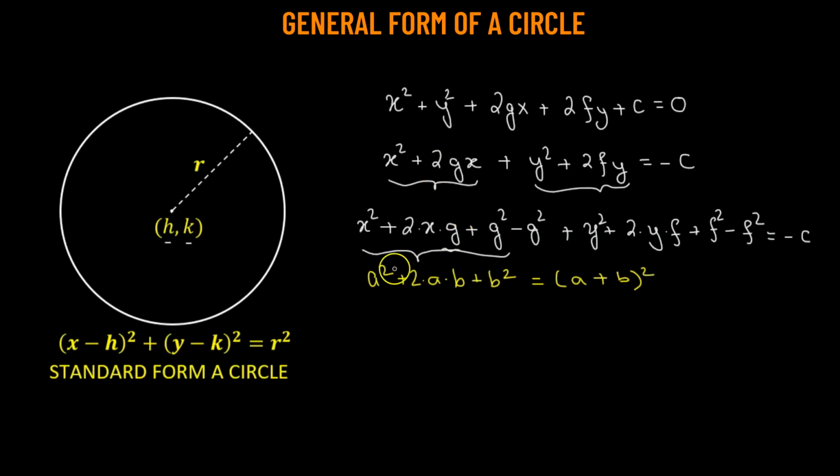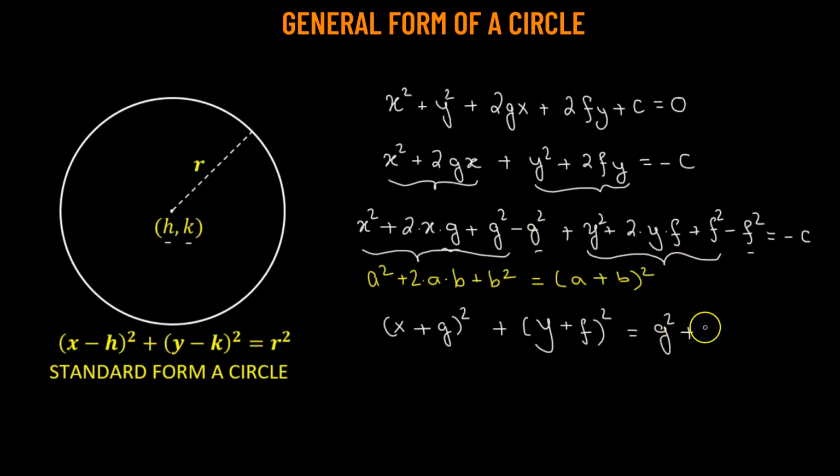That means we can compress it and write it as (x plus g) whole squared. Similarly, we can combine y squared plus 2 times y times f plus f squared to get (y plus f) whole squared. Then we have those extra terms that we subtracted, negative g squared and negative f squared. We will transpose them to the right hand side. So we have g squared plus f squared minus c.